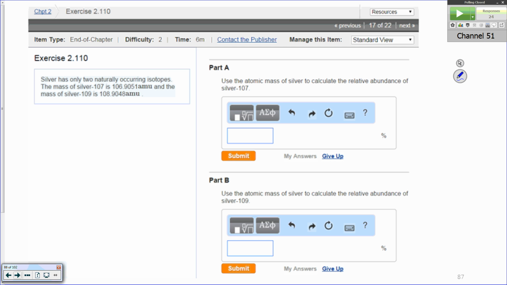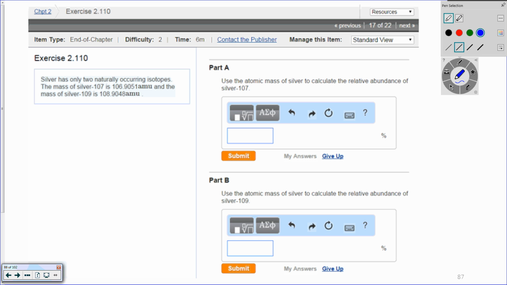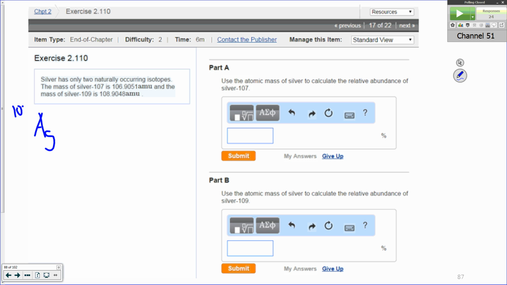We're going to try to figure out how to set up the equations. I want to know what percentage is in silver. Silver is Ag, so Ag 107 versus Ag 109. How much is each percentage? Is it 20%, 80%? What are the numbers?